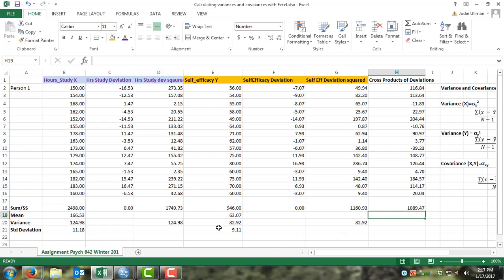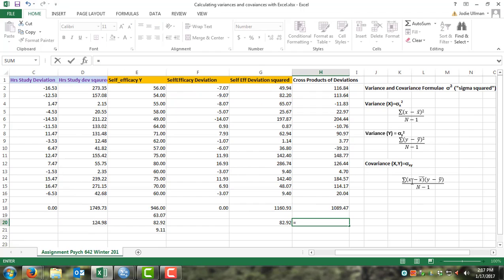And while these are variances, this, because it's the same variable with itself, this is covariance. So we get the covariance the same way. Let me scoosh this so you can see. So this is the sum of the cross products on the top, right here. And we're going to divide by n minus 1, and we get the covariance between the two.